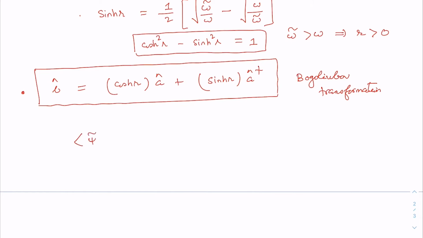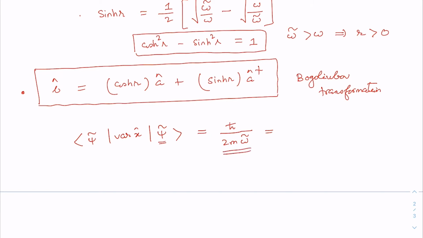The variance of the position operator x in the state psi tilde, the wave function of the new harmonic oscillator, because we are considering the ground state, is nothing but the square of the zero point fluctuation, which is simply h cross by twice m omega tilde.